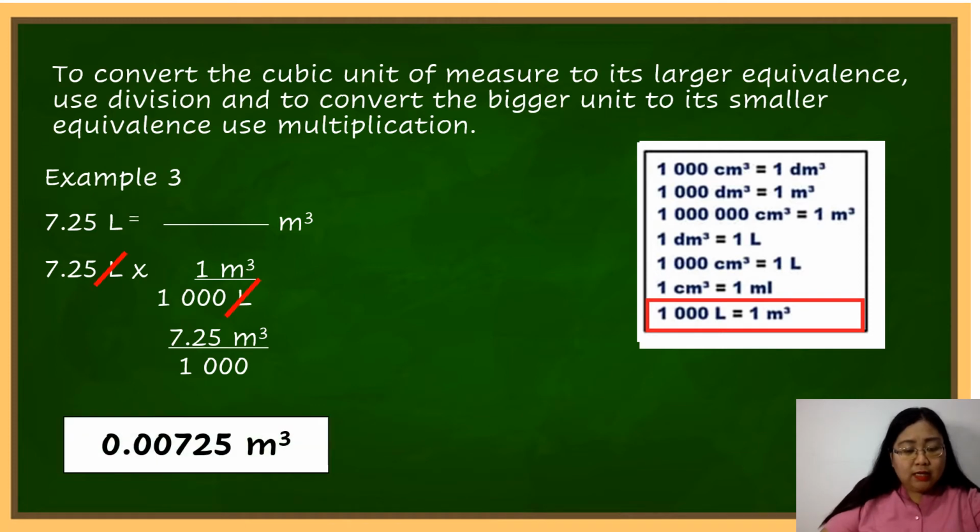How many? So here the answer is 0.00725 cubic meters. So 7.25 liters is equal to 0.00725 cubic meters.